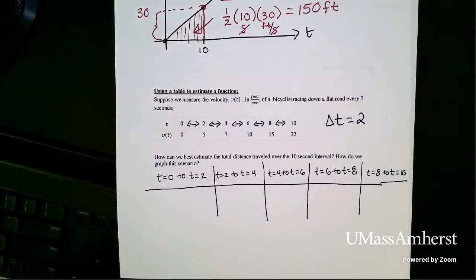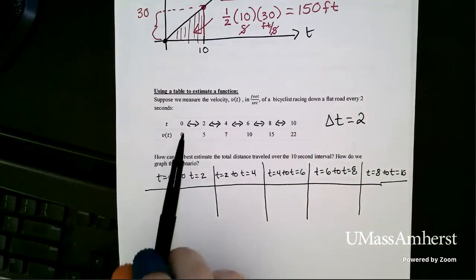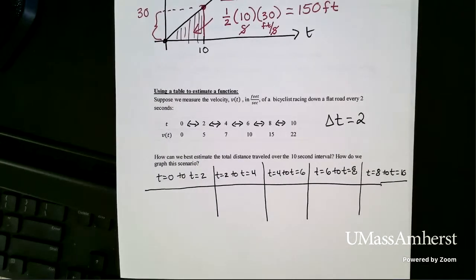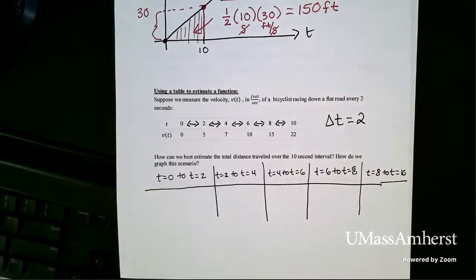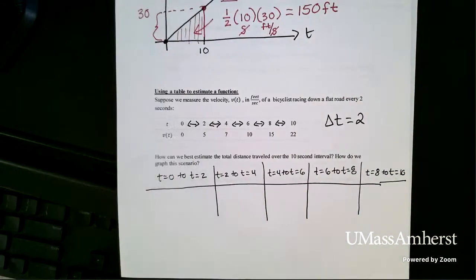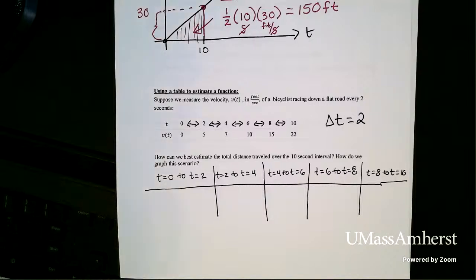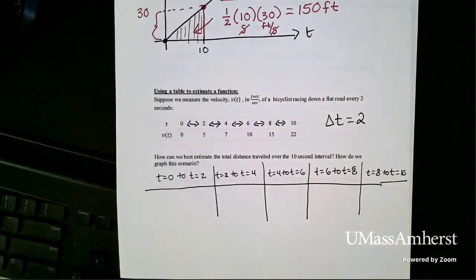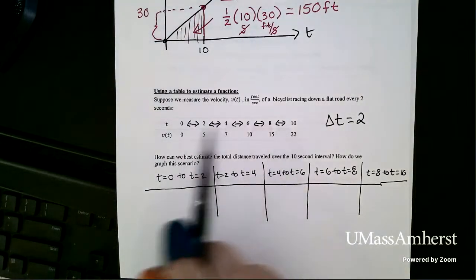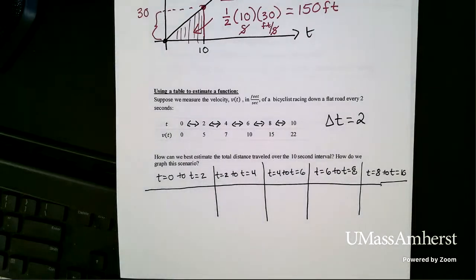Okay, so during this 2-second interval, I have 2 different rates, right? And remember, distance is rate times time. So we know the time is 2 seconds. But what about the rate? We have a rate of 0 and we have a rate of 5, okay? So what we can do is look at each time interval and consistently pick a rate based on position.